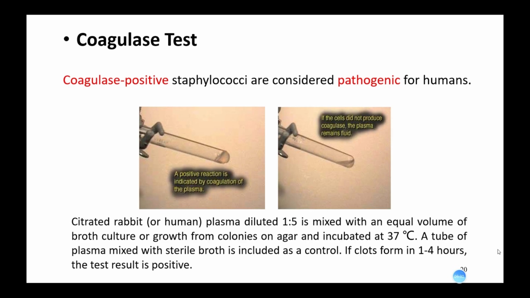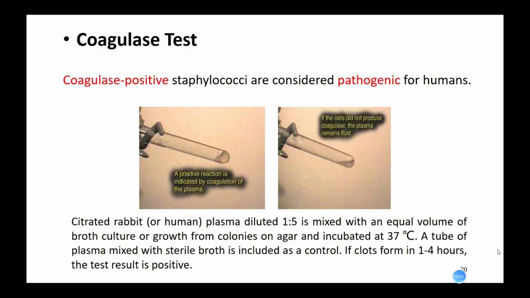Coagulase positive staphylococci are considered more pathogenic for humans, which means that they can cause more severe disease. But actually in the hospital, the doctors are now paying more and more attention to coagulase negative staphylococci, especially the opportunistic infections from the normal flora.